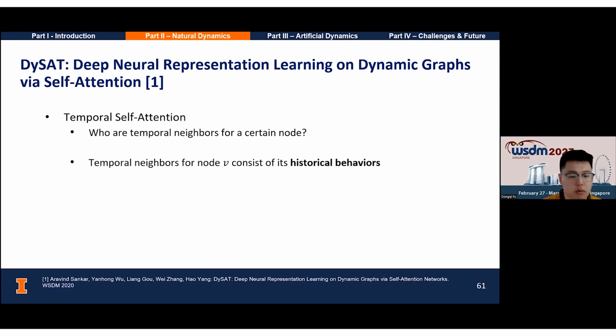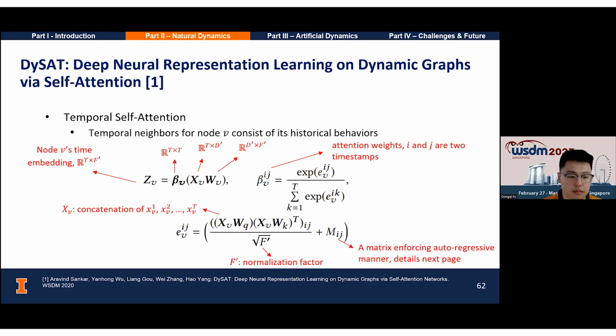To do the temporal self-attention, the question to ask is: who are the temporal neighbors for a certain node? The answer in this paper is that the temporal neighbors of a node v consist of its historical behaviors. What does this mean? Let's focus on the initial attention, e_v^ij.